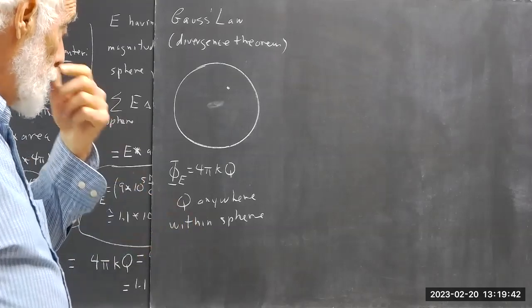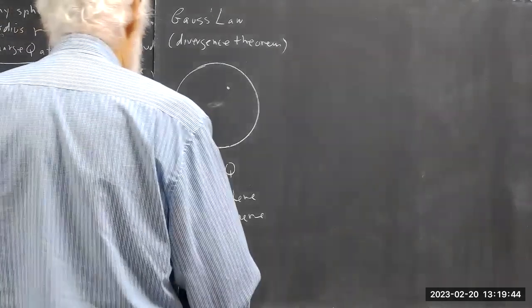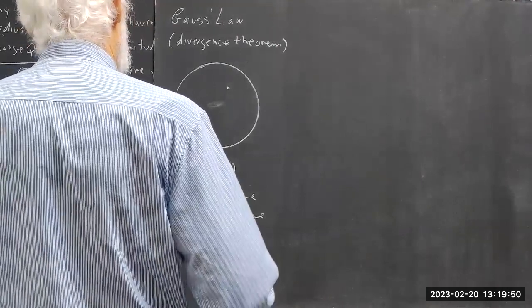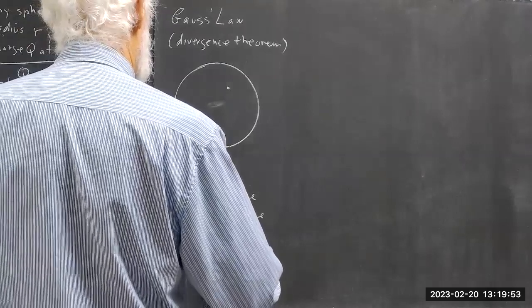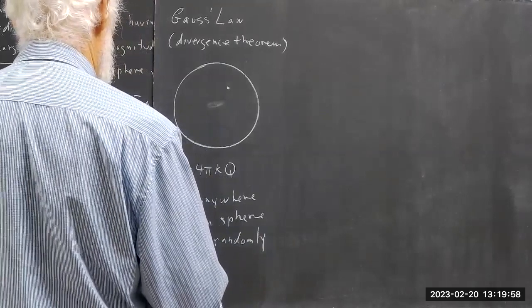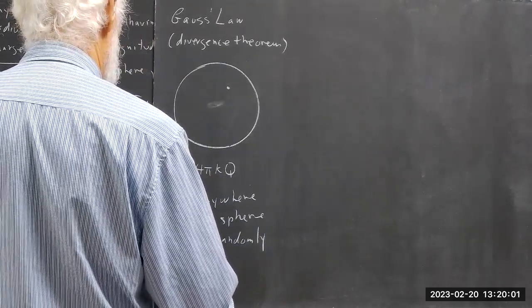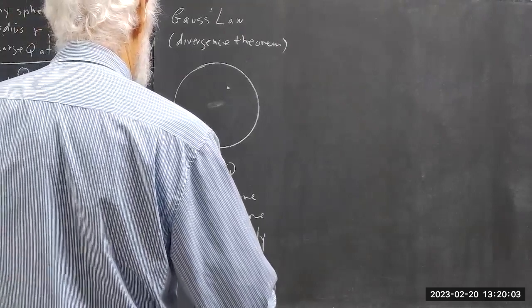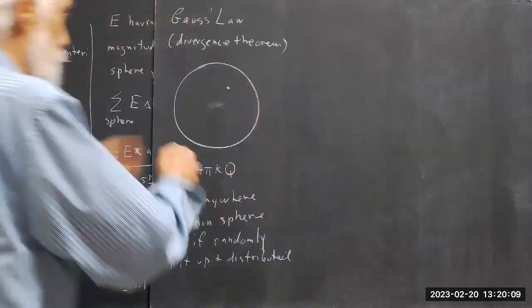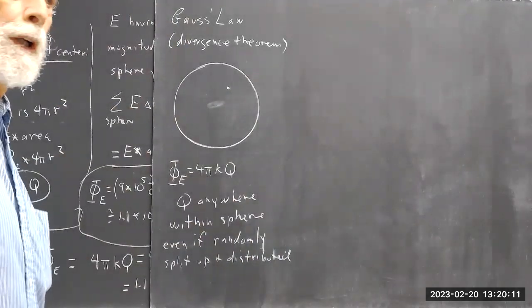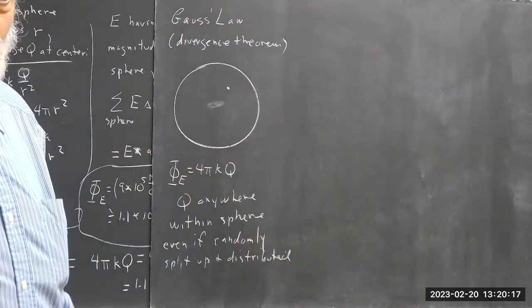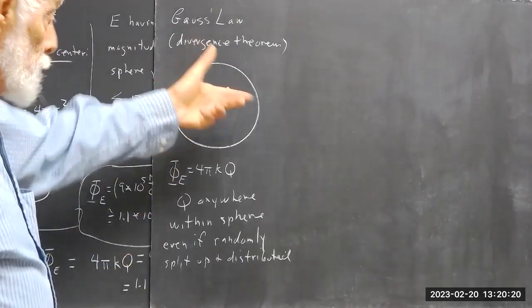So Q anywhere within the sphere. Even if you randomly split this charge up and distribute it all over the sphere, or even if it's a cloud of charge with a charge density, it works.